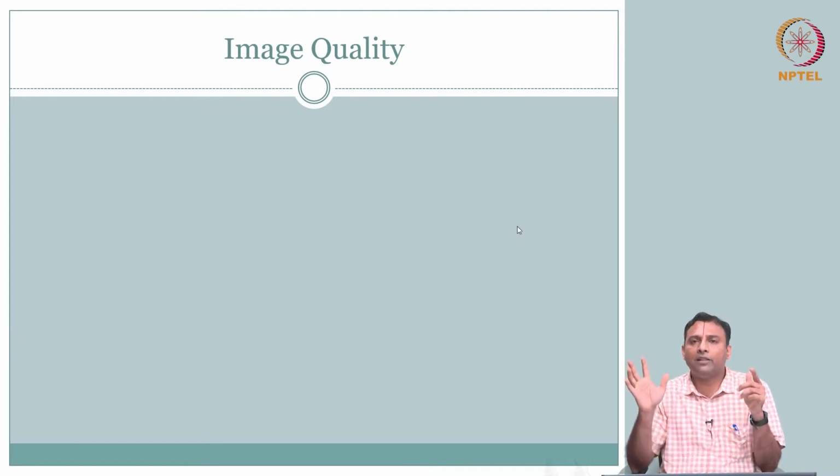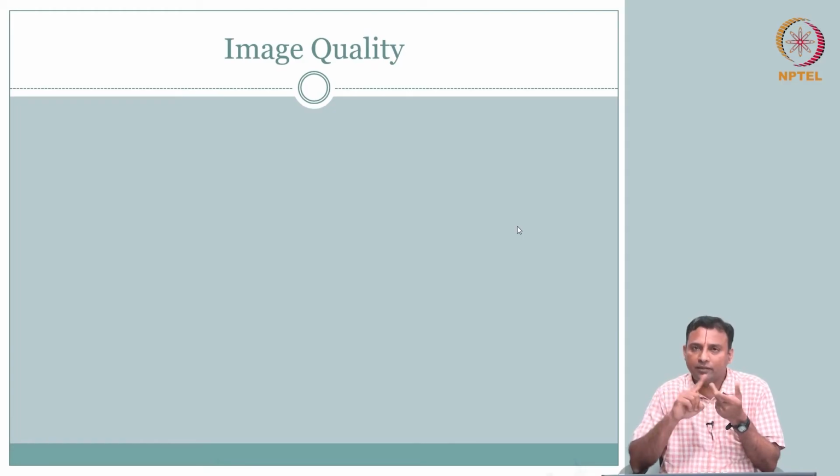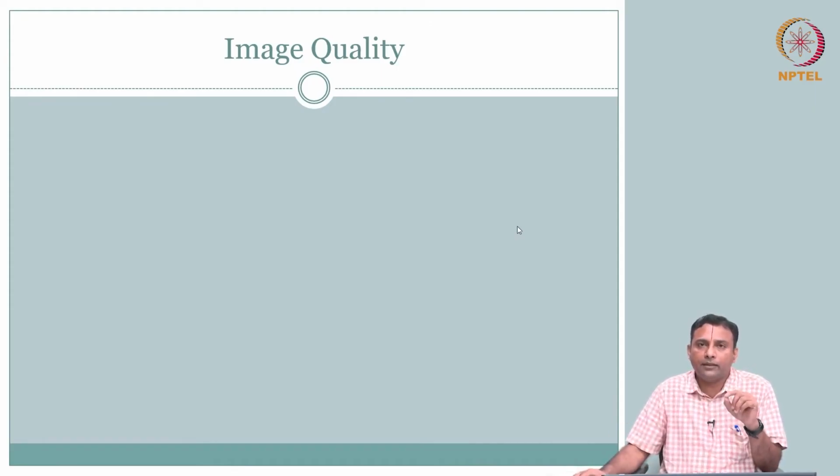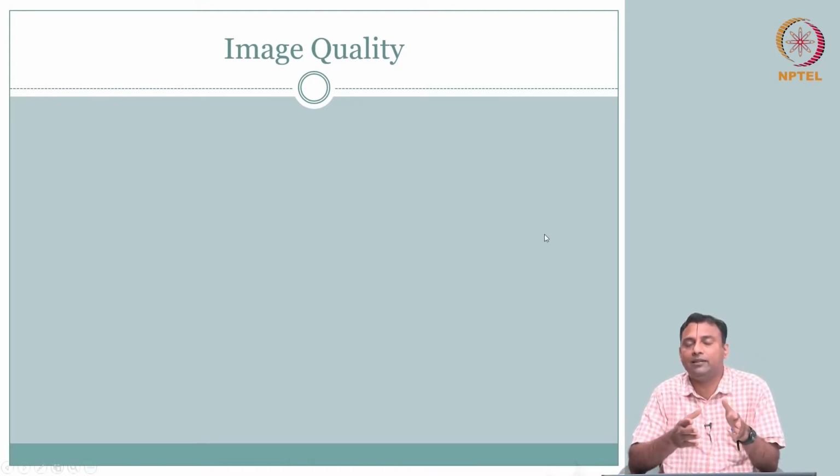Similar, what are the parameters we are going to study? Image quality is resolution, noise, signal to noise ratio, contrast to noise ratio, similar things. But what is going to be different here? Well, the parent definition is going to be similar, but the instrumentation, the physics we saw to an extent, we will draw similarity with what we have covered in projection radiography. But then what are the unique aspects here?